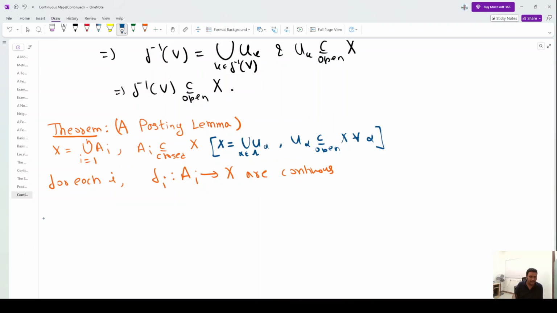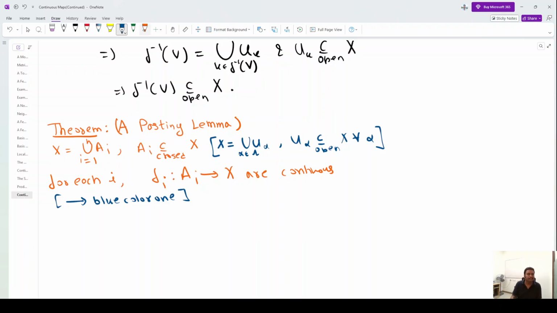Similarly, you can write the statement in blue color also. There is no change. Same statement, right? For each i, those are continuous.